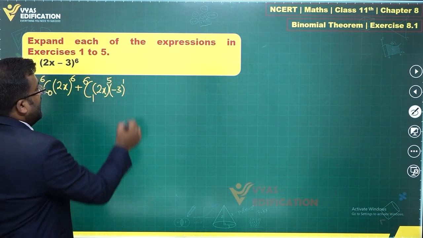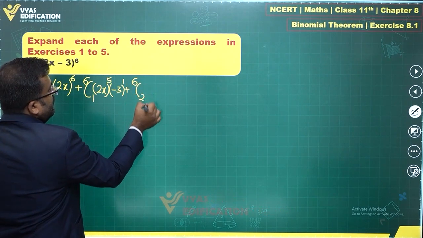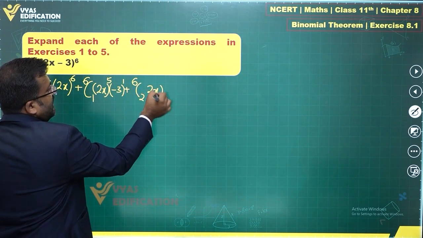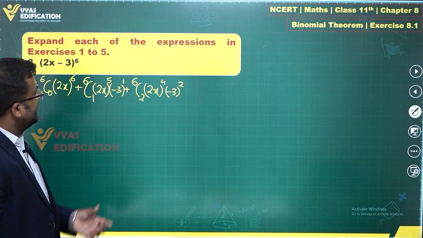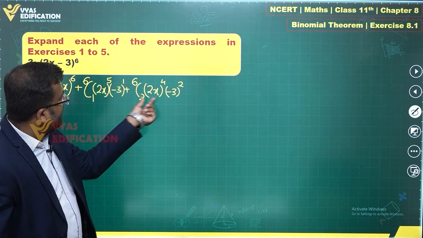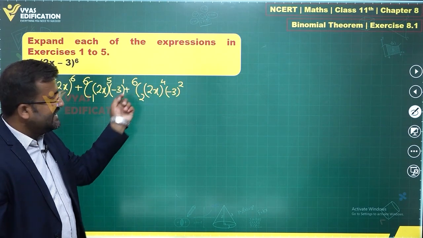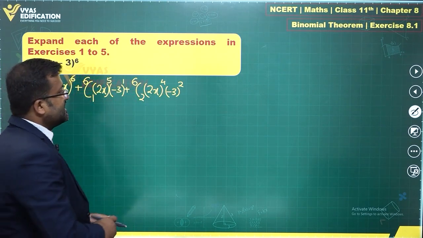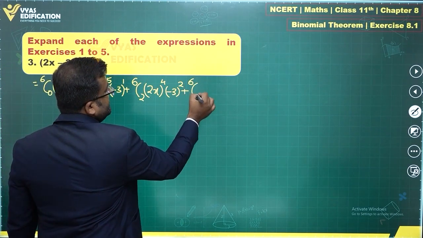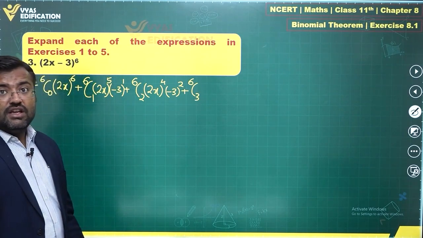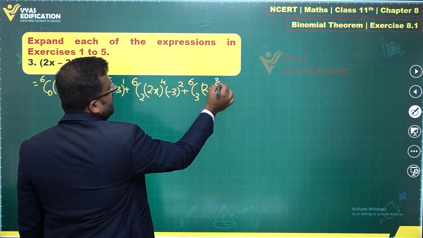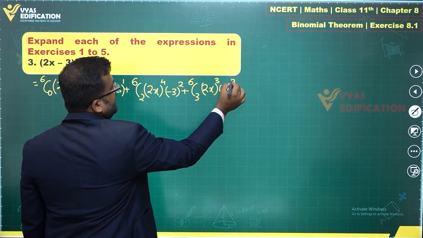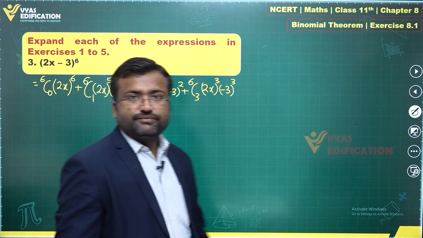Then you have 6C2, (2x)^4 times (-3)^2. Observe carefully that the power of 2x has reduced by 1 and the power of minus 3 has increased by 1. After that you will have 6C3. What will that have? (2x)^3 times (-3)^3.